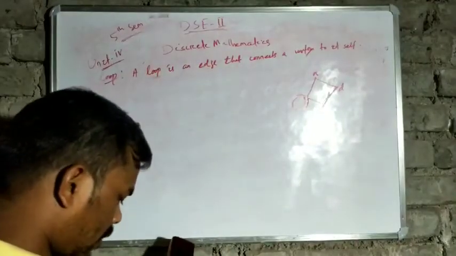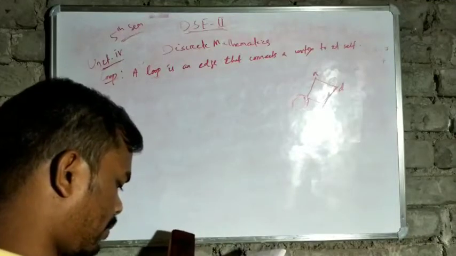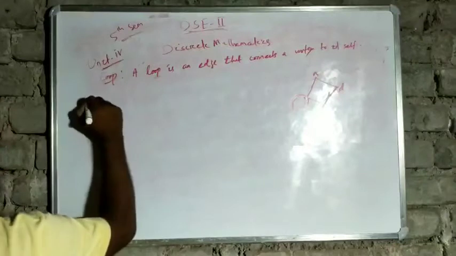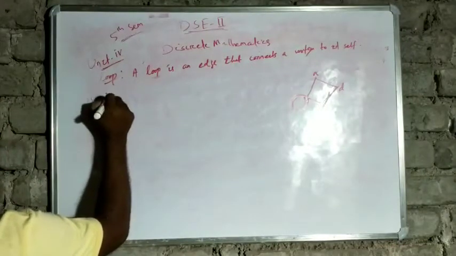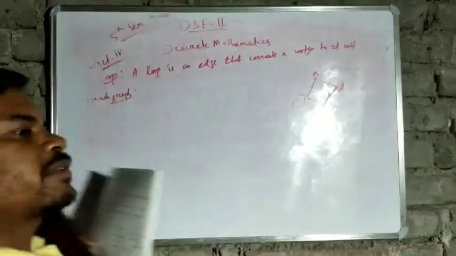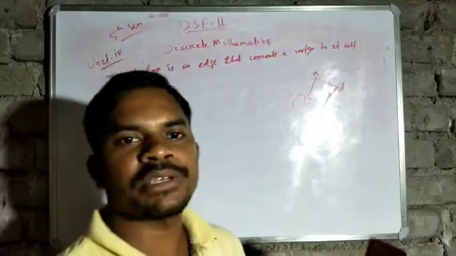So now I will study what is a pseudograph. We already studied 2 types of graph, that is simple graph and multigraph. Now there is another type of graph, that is pseudograph.